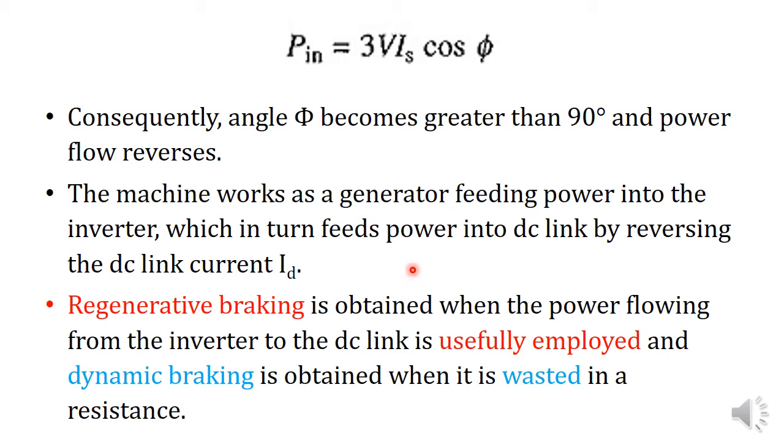Either we can usefully do some work with the help of this regenerated power, or we can just waste that power in some resistance. If we are usefully employing that power somewhere, it is known as regenerative braking, and if we are wasting that power in some resistance, it is known as dynamic braking. Now let's see how regenerative braking and dynamic braking are practically implemented.